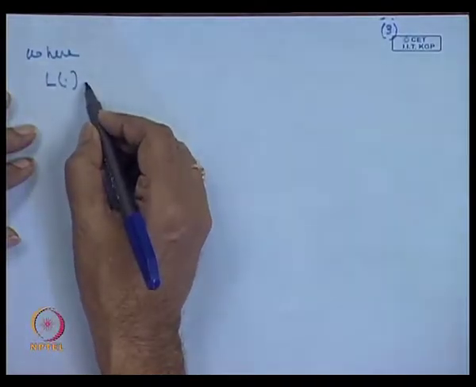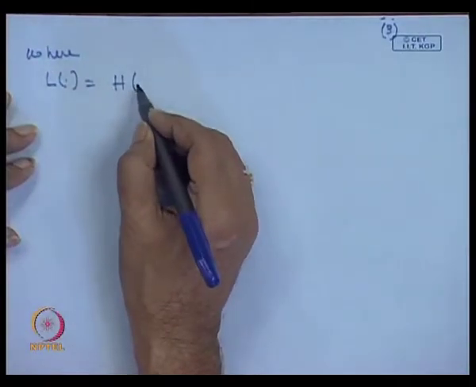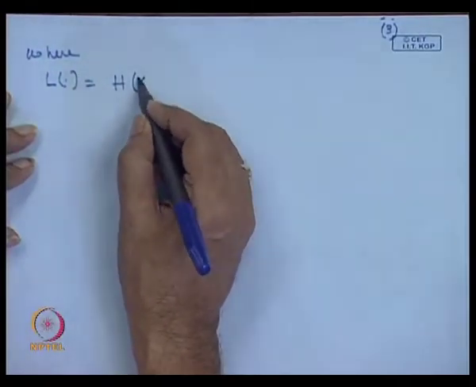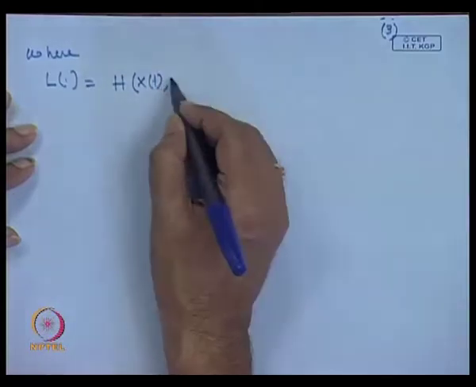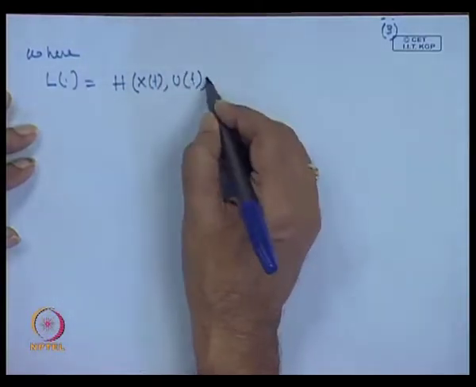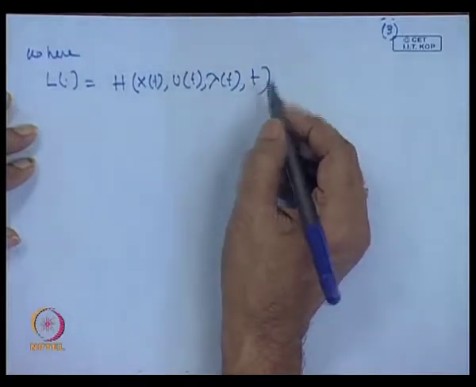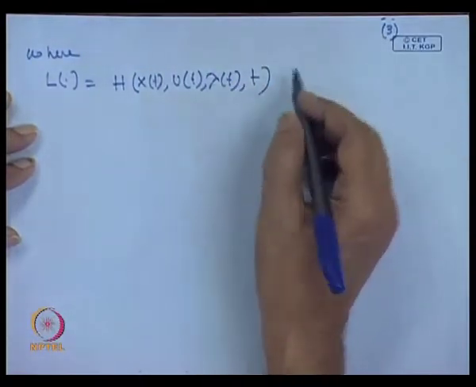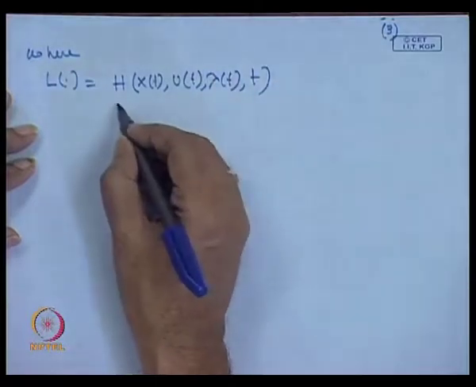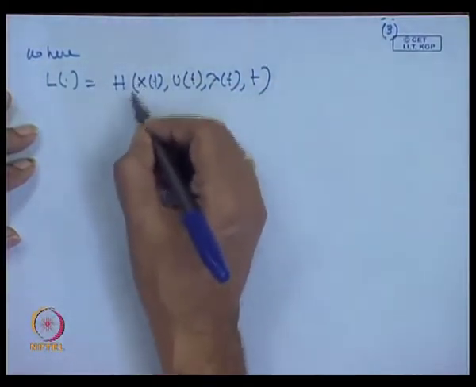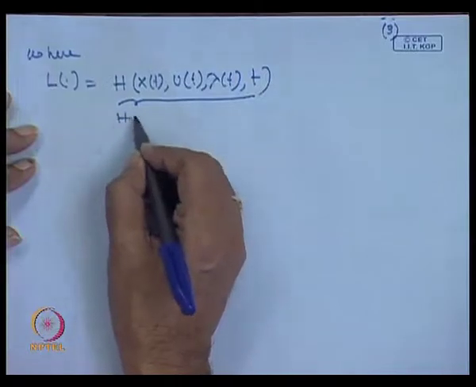So, that Lagrangian function is split up into a Hamiltonian function and then a term free from x dot, agree? So, this is the Hamiltonian function and that function is called the Hamiltonian function.